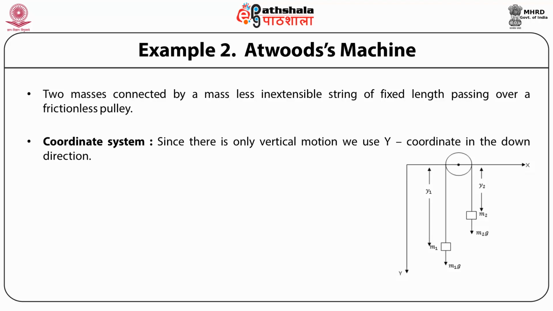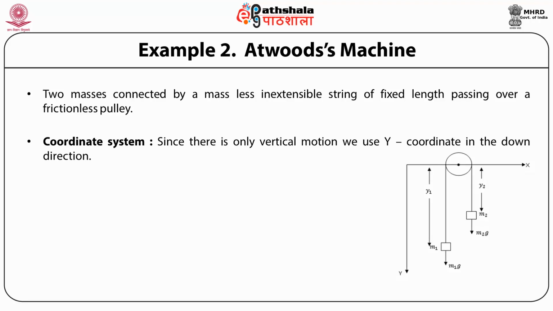Since the length of the string is fixed, the position of the particle M1 is given by the coordinate y1, and the position of M2 is given by y2, but we have y1 plus y2 is equal to L, the length of the string. Therefore, of the two coordinates y1 and y2 required to fix the position of M1 and M2 at any given time, there is only one independent coordinate, because y1 plus y2 is equal to the length of the string.